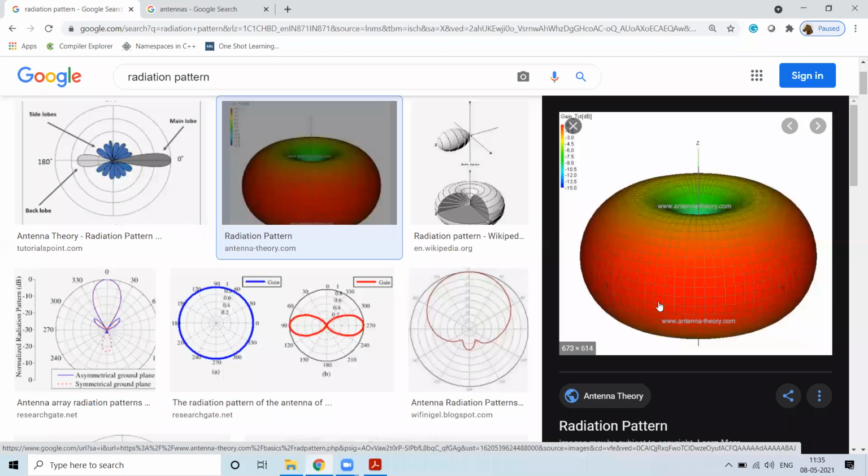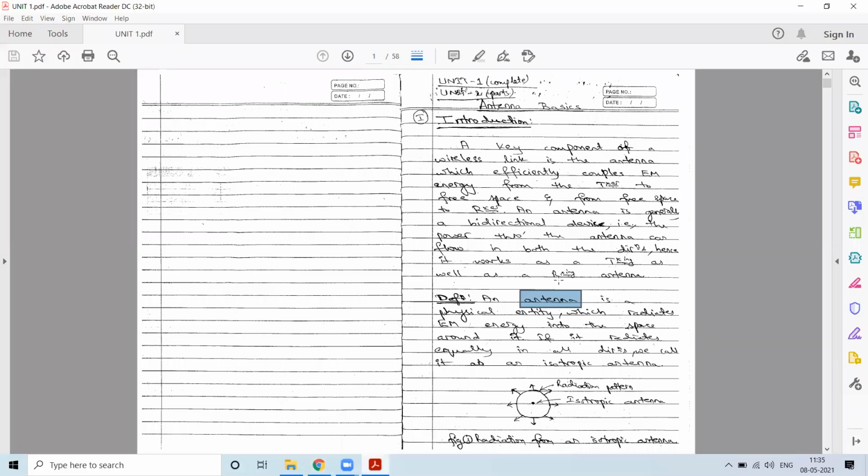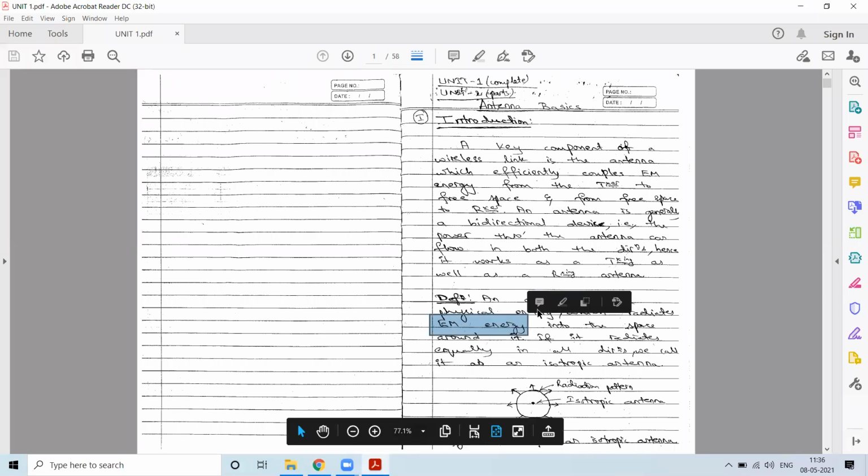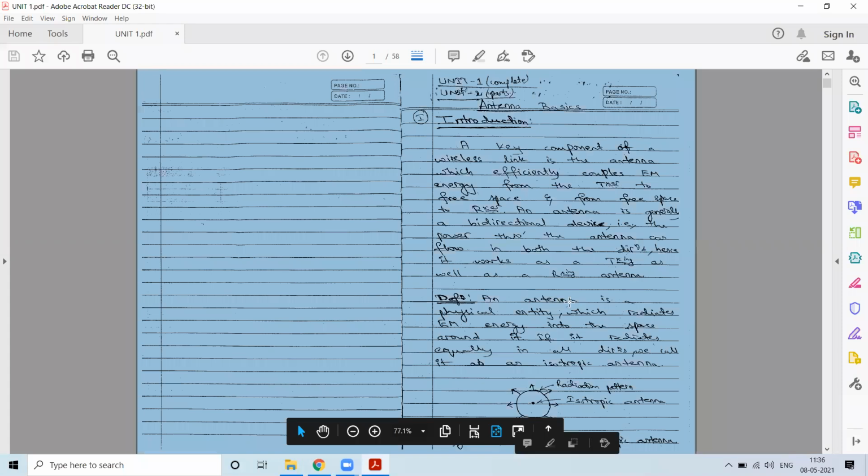This pattern we are seeing is called a radiation pattern, that is, the electromagnetic energy transmitted by the antenna under consideration.